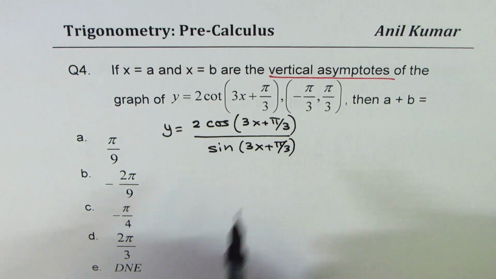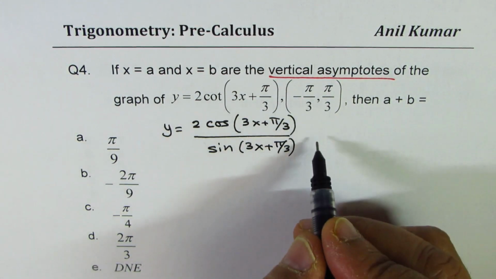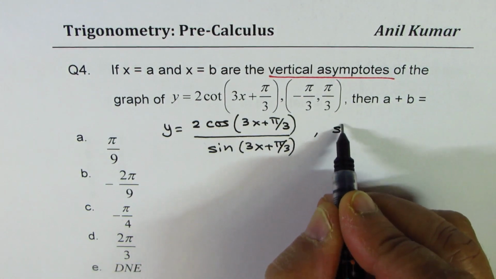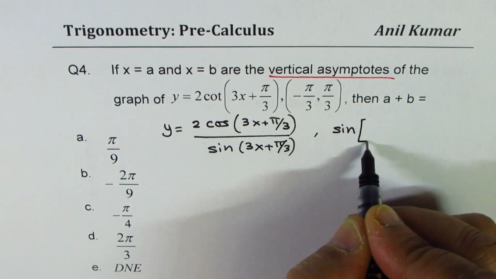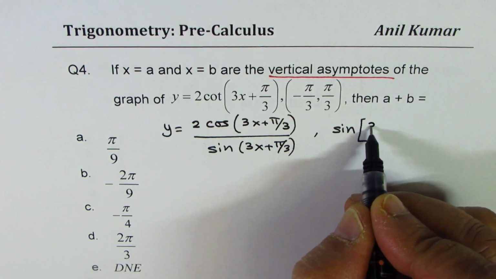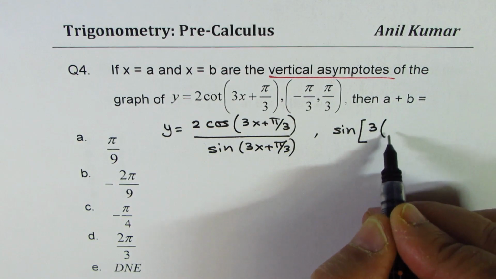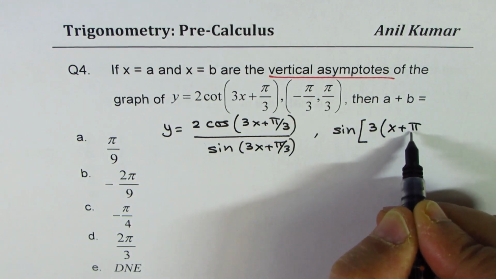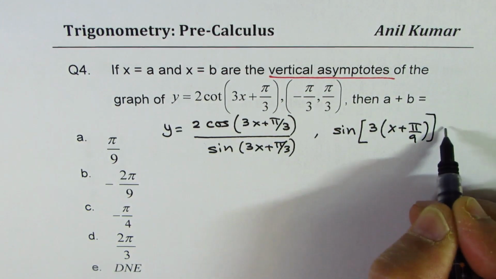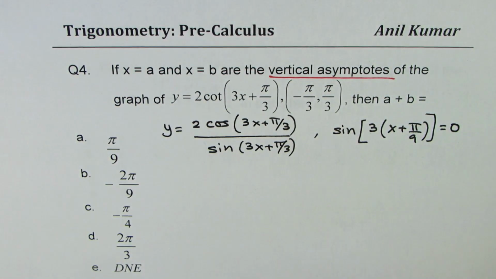Perfect. Now, a vertical asymptote is possible only when sine of, let me factor out this term, so we get 3, and we could write this as x plus pi by 9, is equal to 0. That is when you are going to get a vertical asymptote.